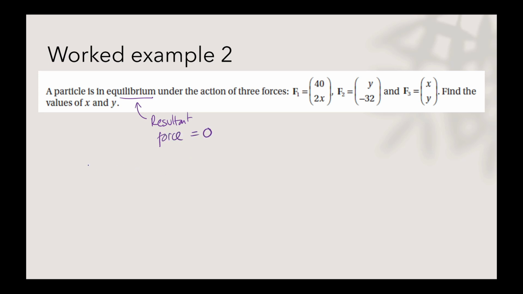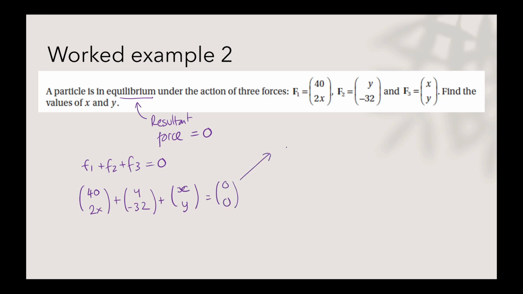So what that therefore means is F1 plus F2 plus F3 is going to equal 0. Writing the vectors, we've got (4, 2x plus y) plus (-3, 2) plus (x, y) equals (0, 0).